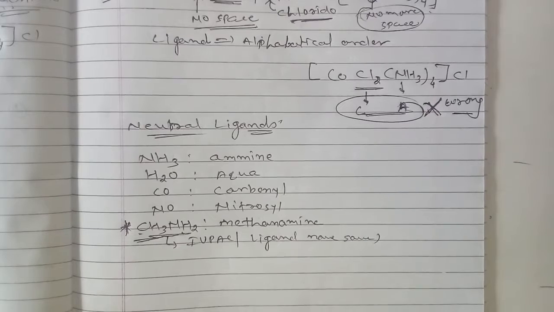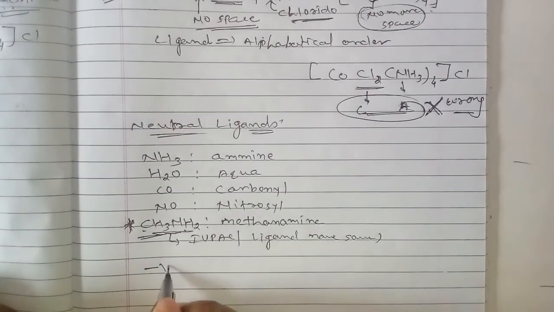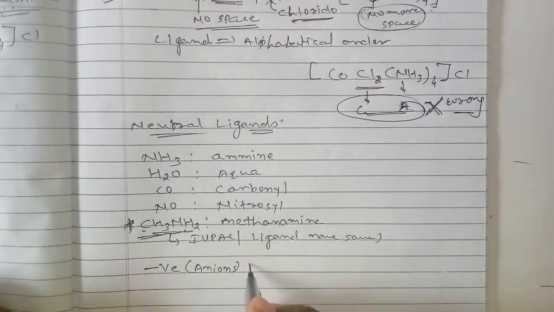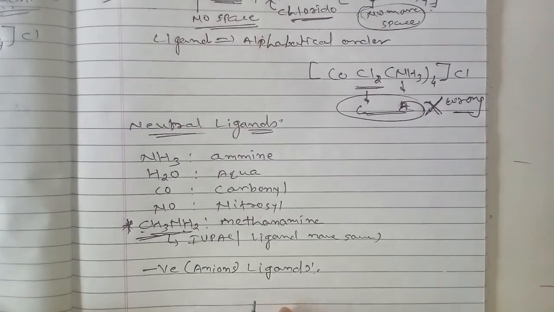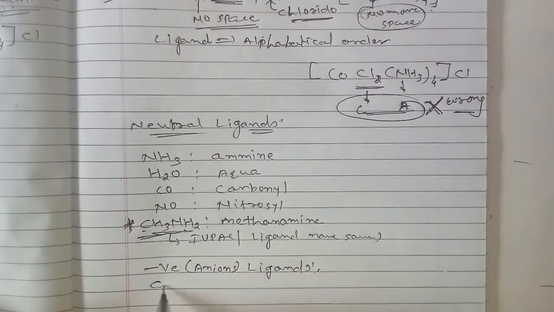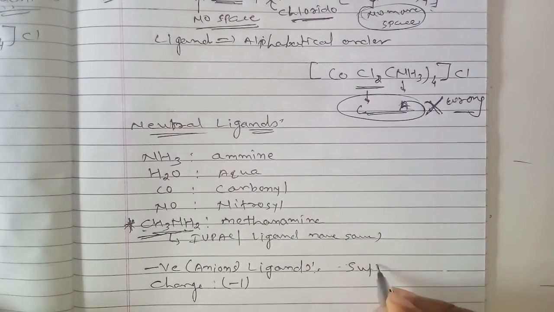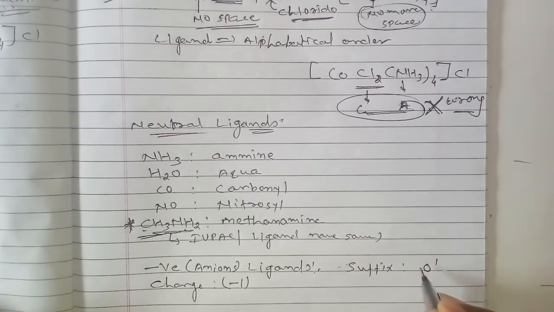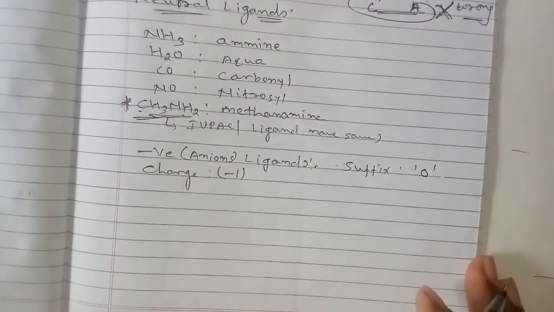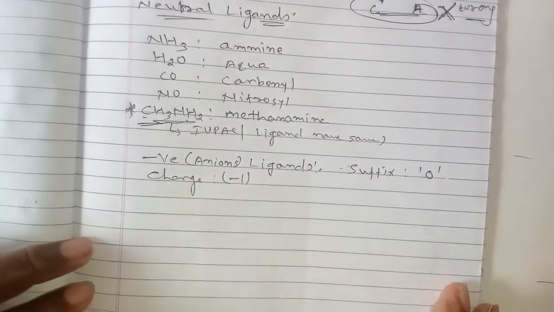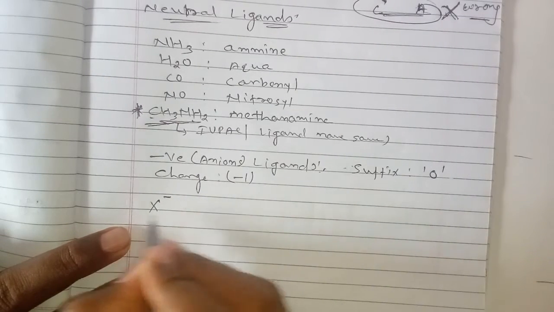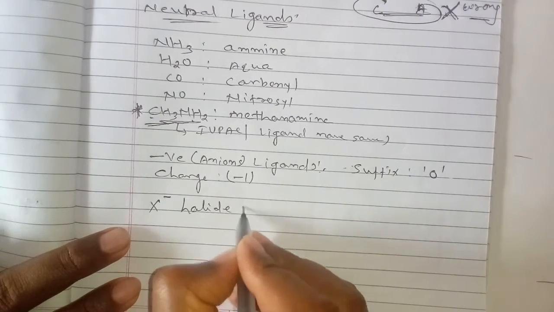Now these are some anions or negative ion ligands. Their charge is -1, and their suffix is O. For example, X stands for halide ion.